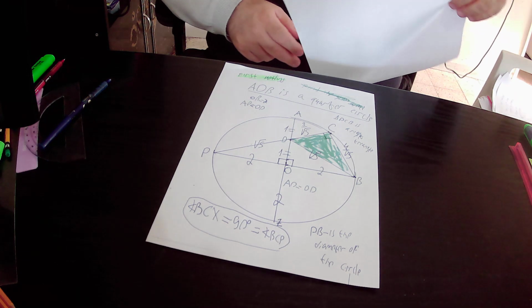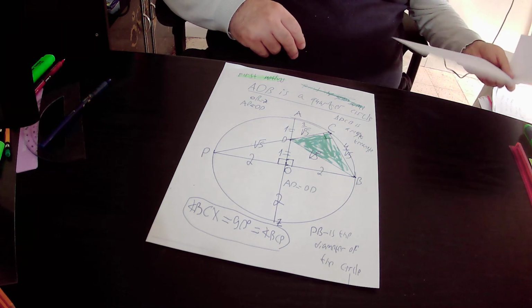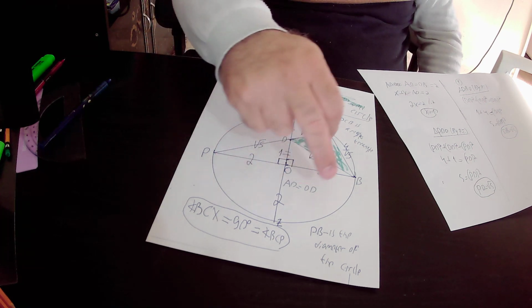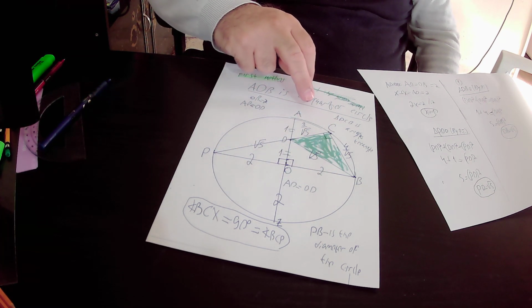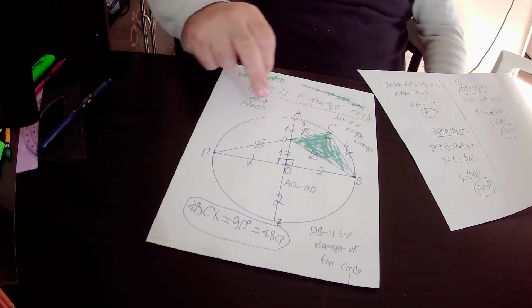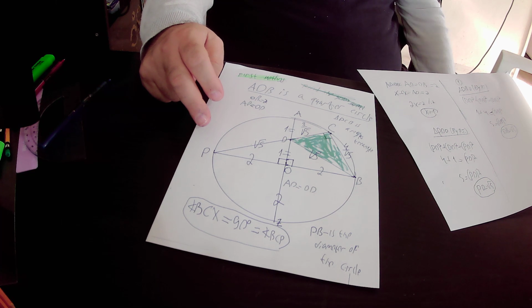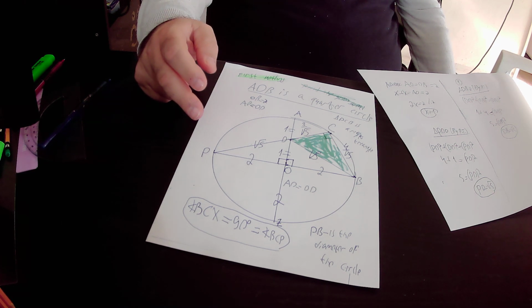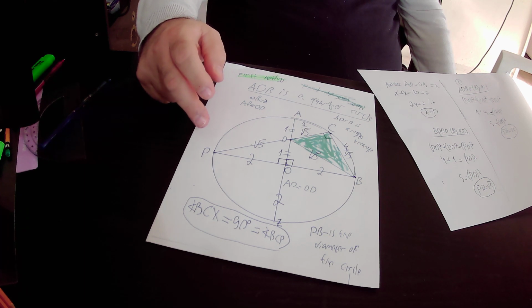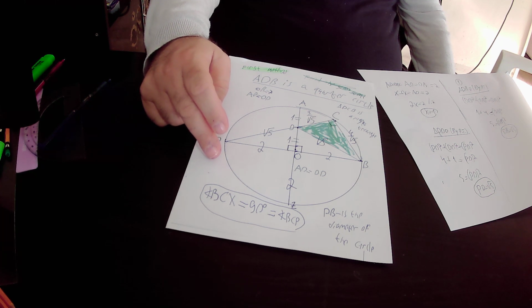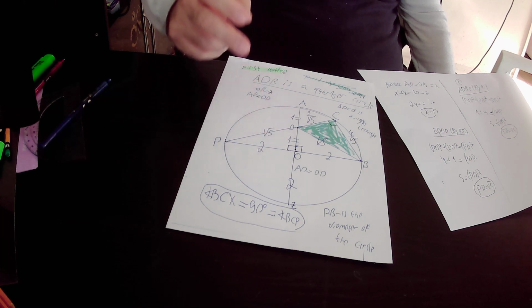Okay, then we completed the quarter circle to a circle, and we extended side CD by a straight line until it touches the circle at any point. Suppose that it touches the circle at point X. So we created the peripheral angle BCX, and it is given in the question that peripheral angle BCX equals 90 degrees.